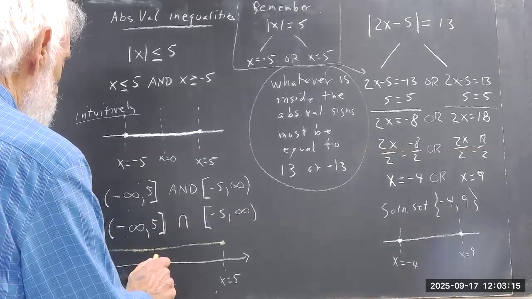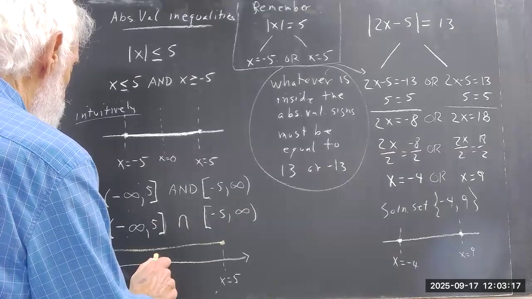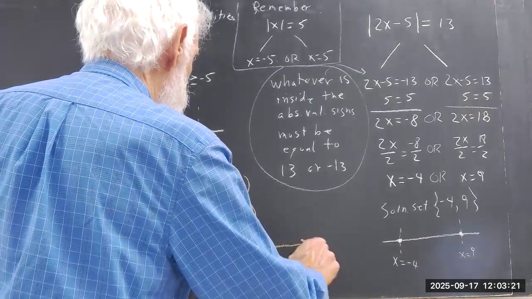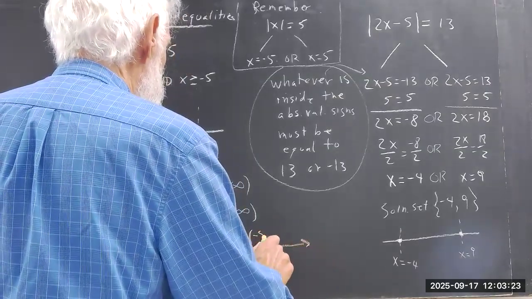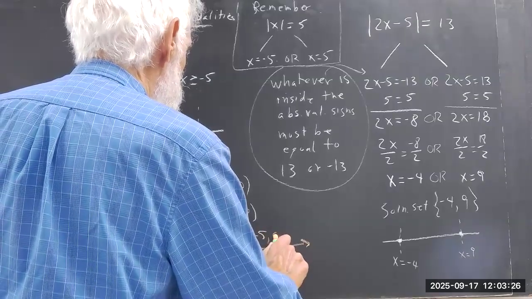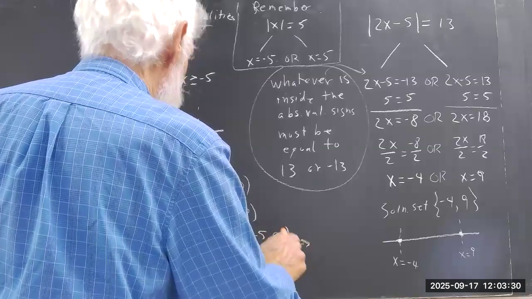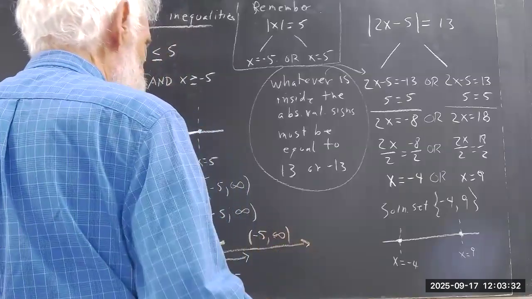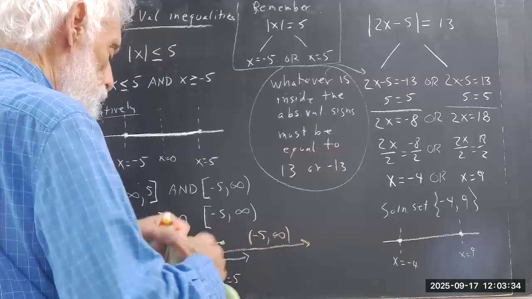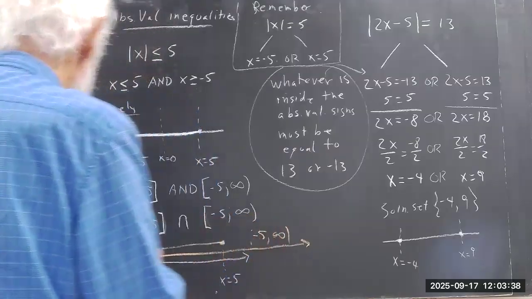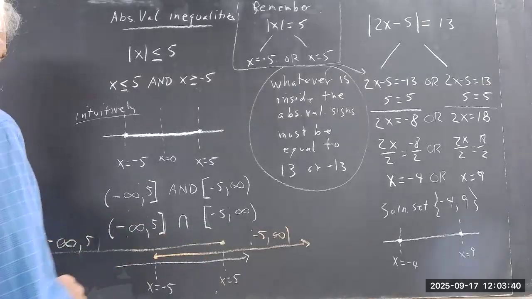Okay, so that would be all the numbers from here to infinity. There's the interval negative 5 to infinity. And I keep using, I don't know why I'm doing this, but I keep using parentheses where I need to use square brackets.